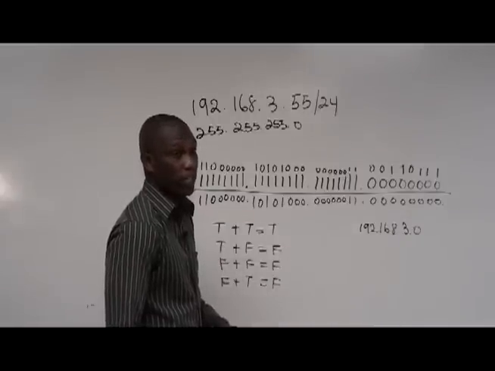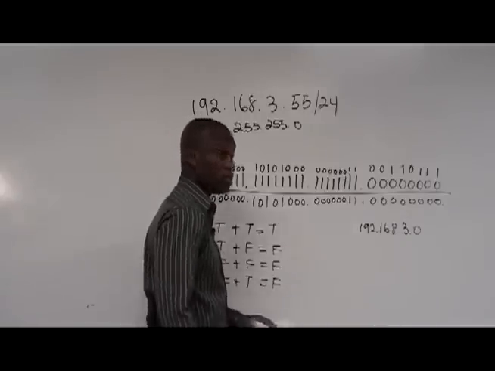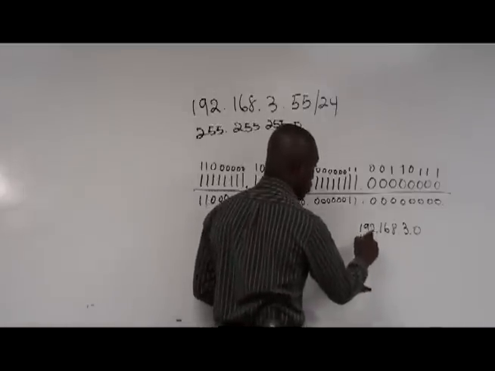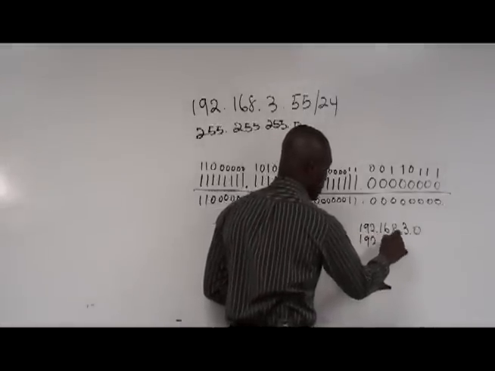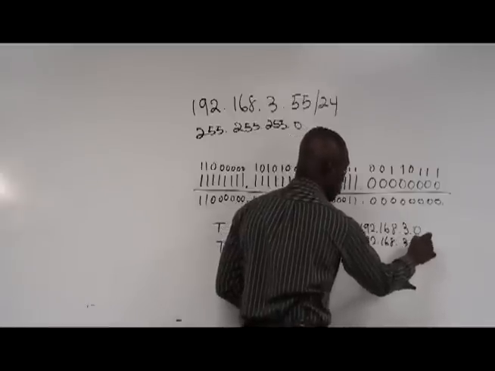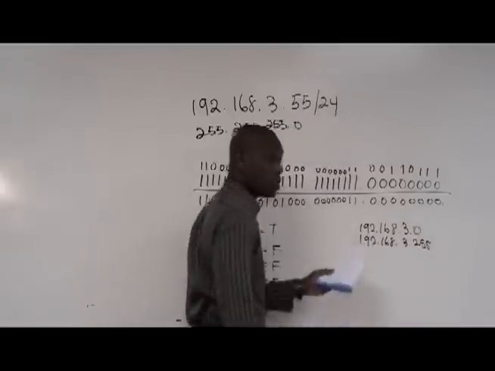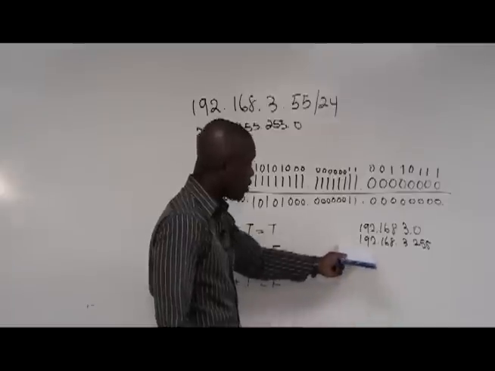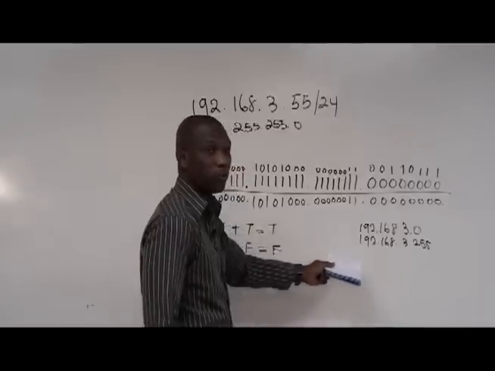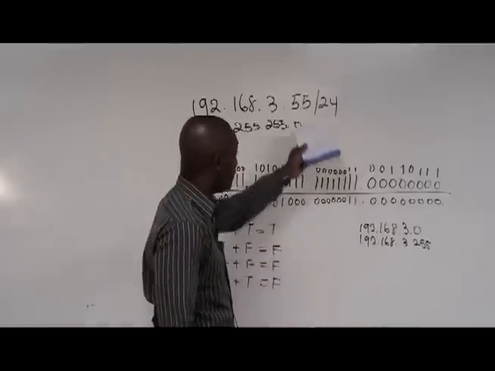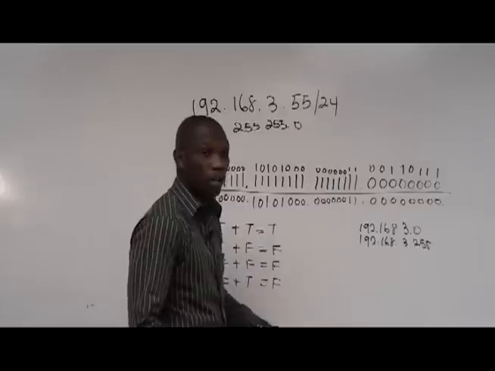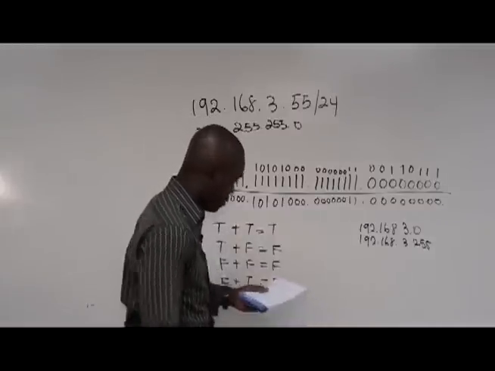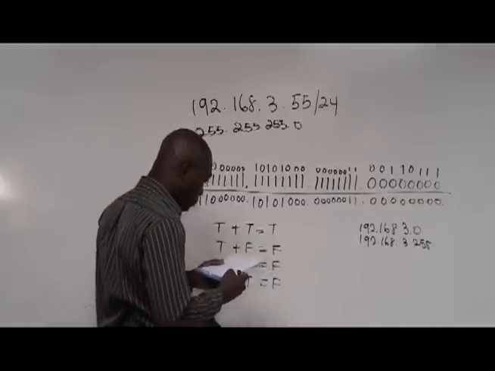In this case, remember we talked about the concept of broadcast address. The broadcast address would be 192.168.3.255. So this is your network address. This is your broadcast address looking at /24 classful. And .55 would be what you call a usable host.